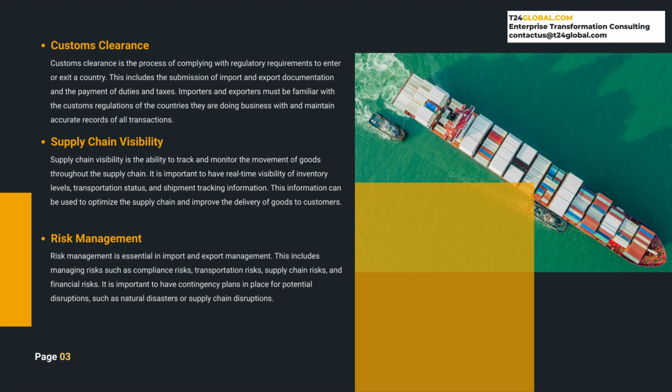5. Risk management is essential in import and export management. This includes managing risks such as compliance risks, transportation risks, supply chain risks, and financial risks. It is important to have contingency plans in place for potential disruptions, such as natural disasters or supply chain disruptions.